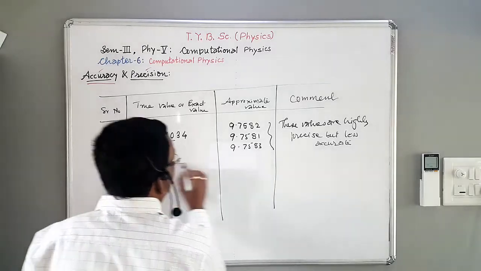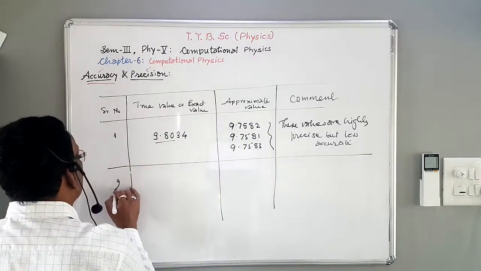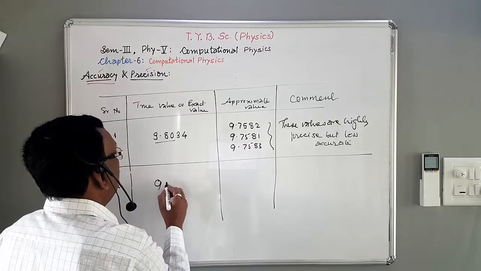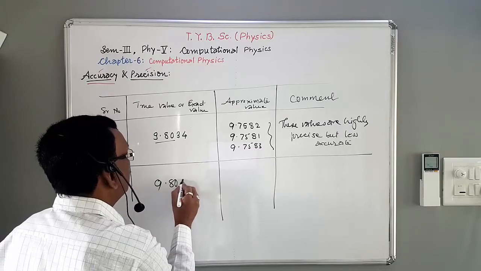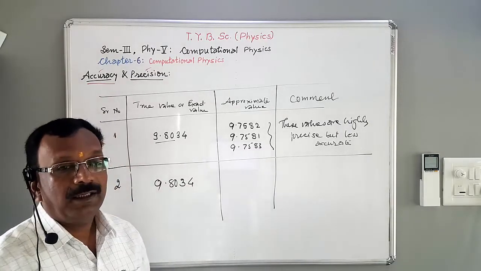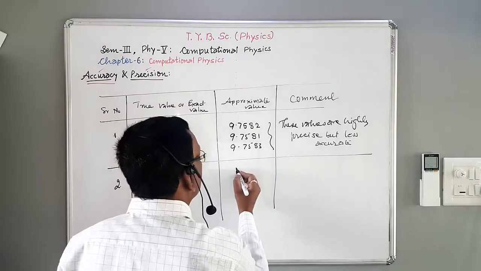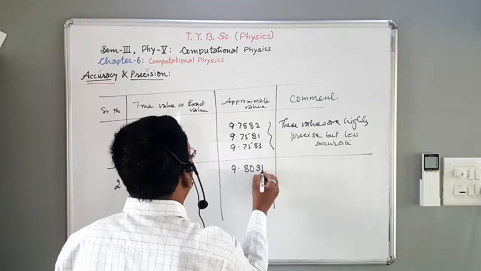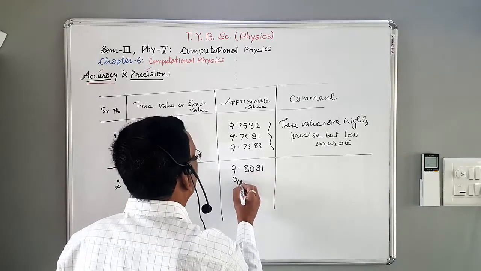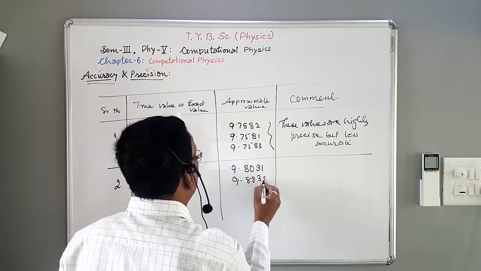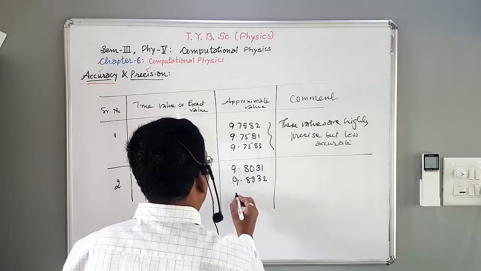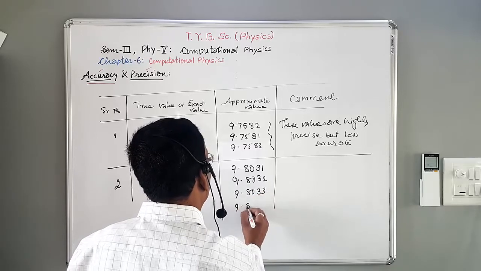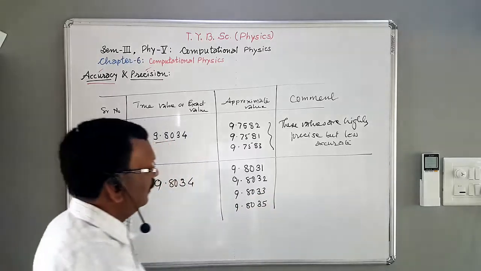Now instead of this, the second observation is like this. If the exact value is 9.8034 and the calculated values are like this: 9.8031, 9.8032, 9.8033, 9.8035.